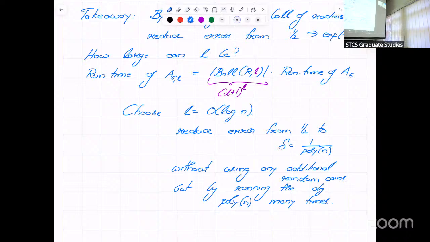You need the explicitness, because you must be able to write this down on this exponentially large graph. Given a graph vertex, you must be able to tell its neighbors. So you must be able to do this walk on the expander graph without actually writing down the whole graph.